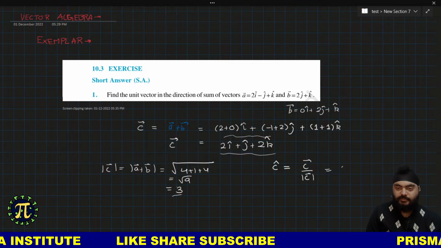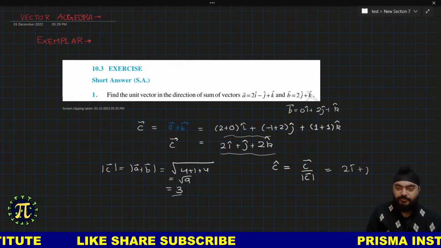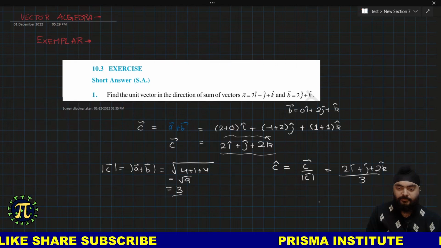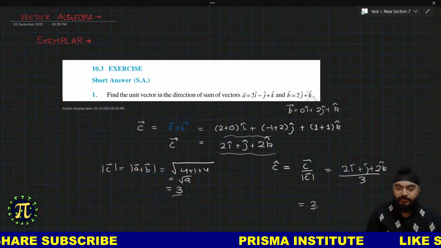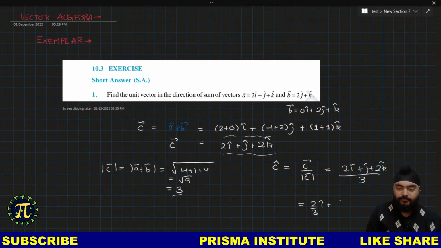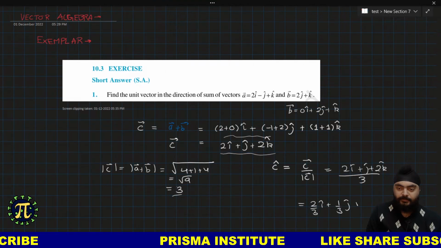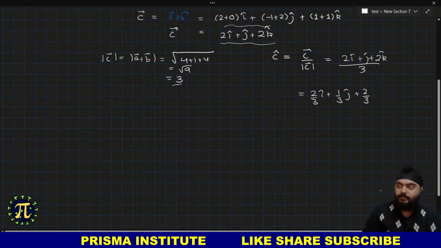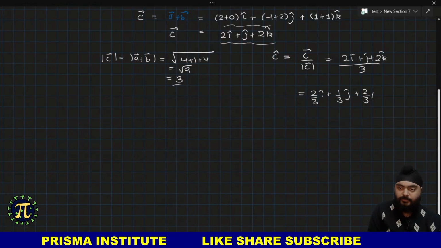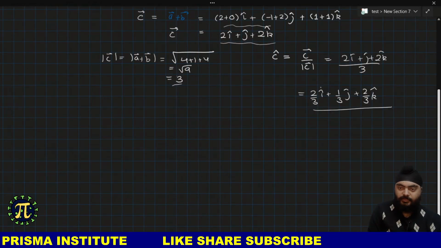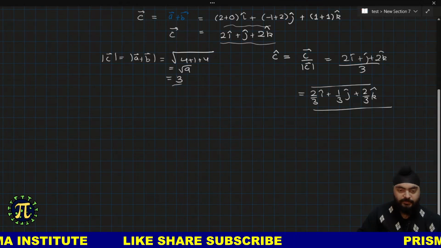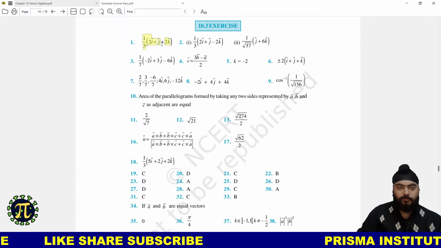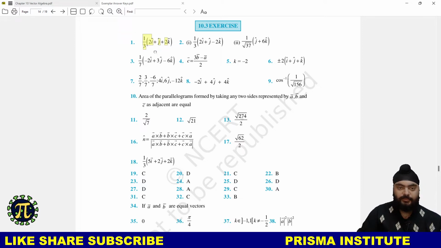So it is this vector 2i plus j plus 2k divided by 3, so which gives me unit vector क्या आ रहा है? 2 by 3 i cap plus 1 by 3 j cap plus 2 by 3 k cap. So let's check our answer from the answer keys. So first question, answer is 1/3 common, 2 plus 1 plus 2 i cap j cap k cap, right?